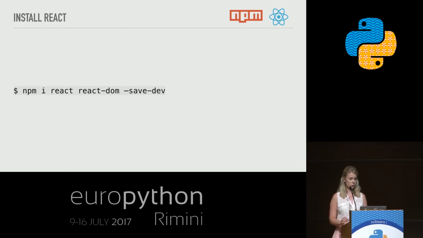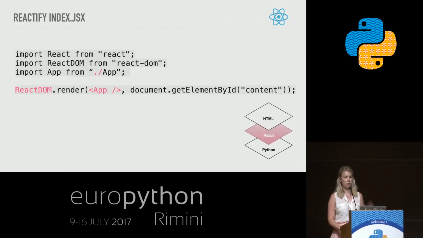So we're going to install React, and then we are going to add a React file, which is basically replacing that alert we had previously with this text. So for React, you always need to import React to be able to use React, obviously. There's a few things to note here. The React DOM means that we're essentially displaying things with React. As you can see, when I'm importing my app, there's a ./ in front of it.